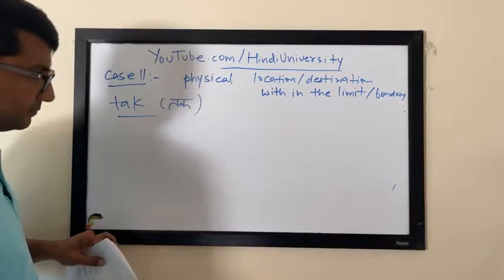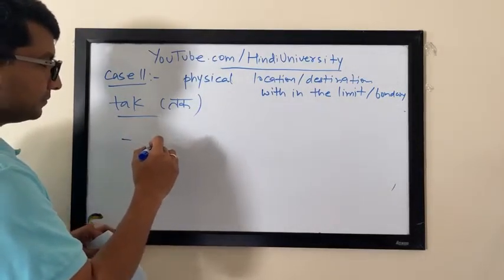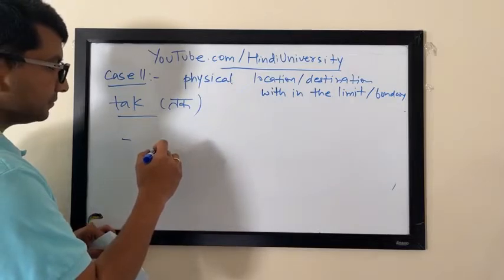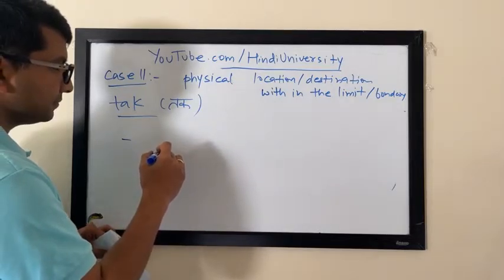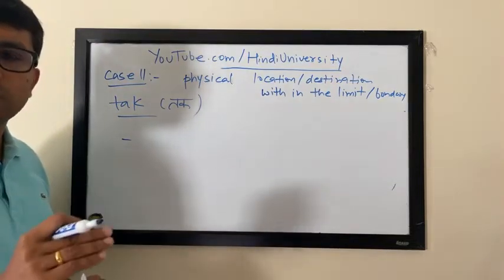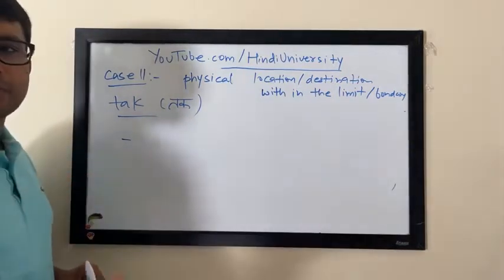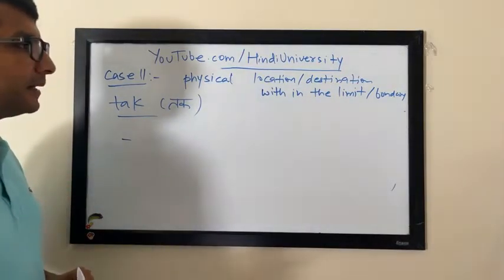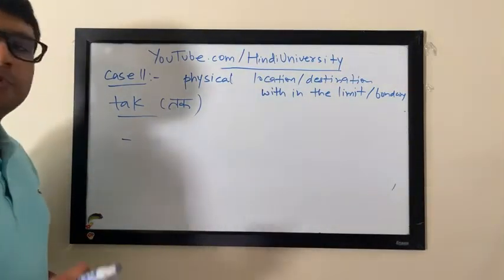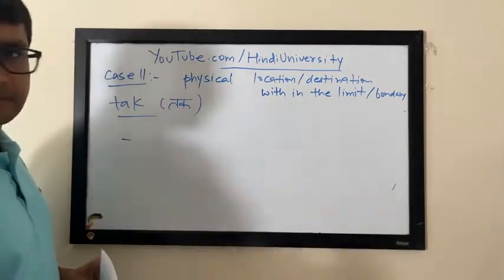It's kind of tough. Let's say you are going on a Europe trip, okay, and you want to say that I'll go till this boundary of, let's say, Paris, and you want to go till that. Okay. Yeah.